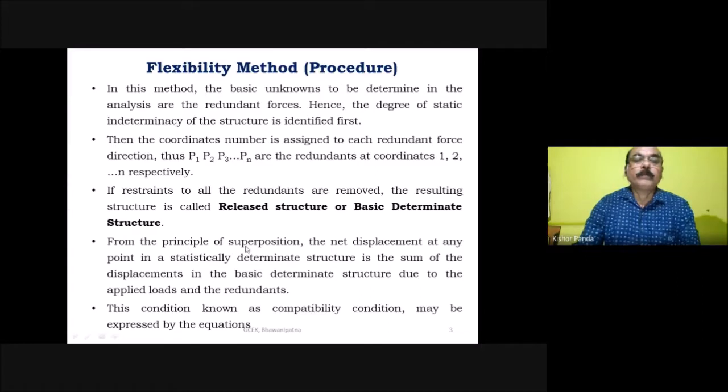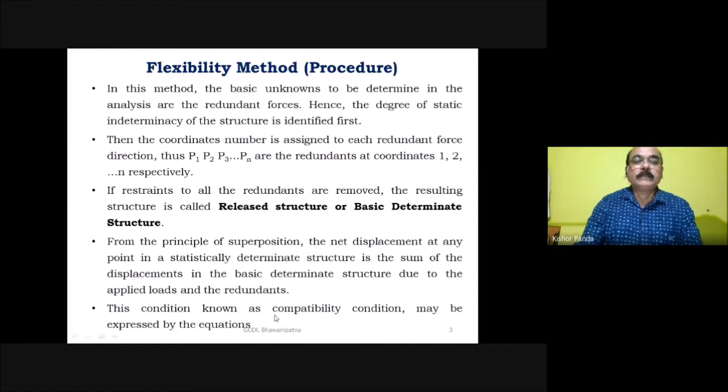From the principle of superposition, the net displacement at any point in a statically determinate structure is the sum of the displacement in the basic determinate structure due to the applied load and the redundants. You have to find out the displacement due to the applied load and the displacement due to the redundant force, and the sum is the net displacement at any point in a statically determinate structure.